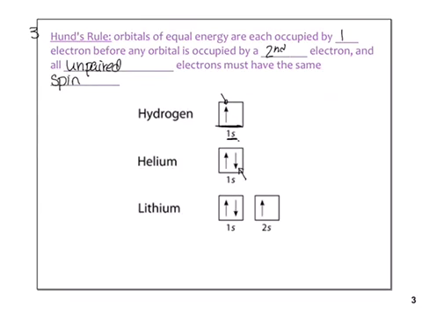Lithium has 3 electrons, so we have to fill this 1s first, and then according to the periodic table, the next one to fill would be the 2s. And since we only need 3 electrons, we just put 1 arrow in there. And notice that we have opposite spins when we have them doubled up.